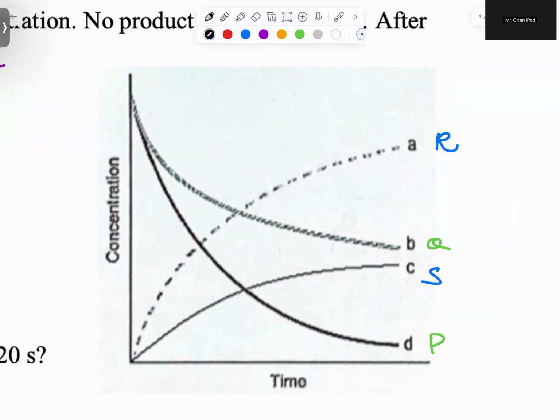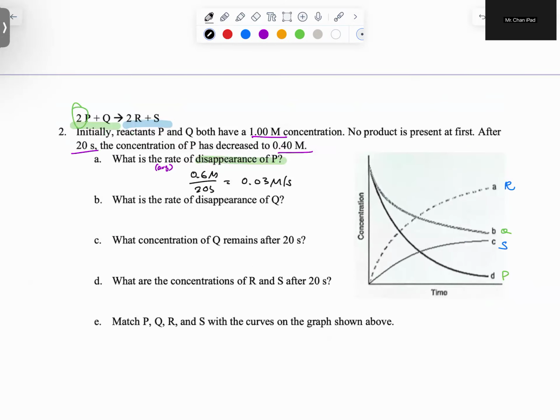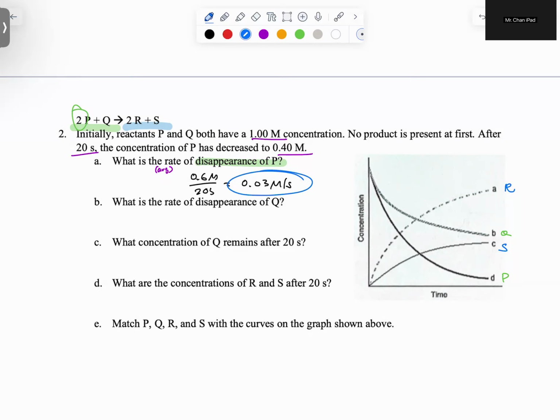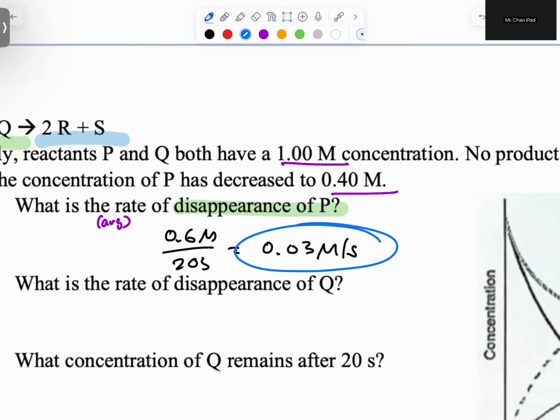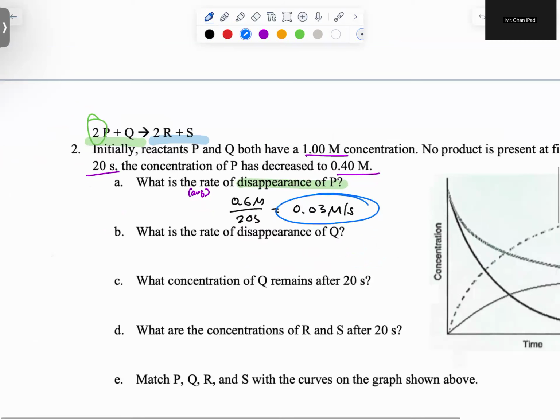The slopes are changing, okay? But just one thing that you need to know is that when you need to make any sort of comments about the rate in the future, you must ask yourself, do we have any information about the order? Like, is it zero order, first order, or second order? Okay? You can't just say, oh, it's 0.03, it's going to keep going 0.03. Well, that's only true if it is zero order.